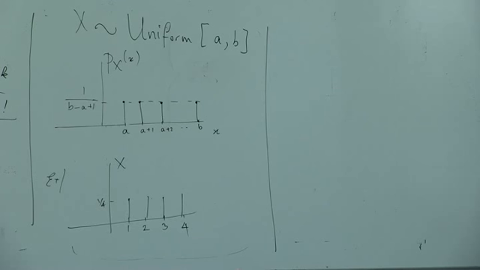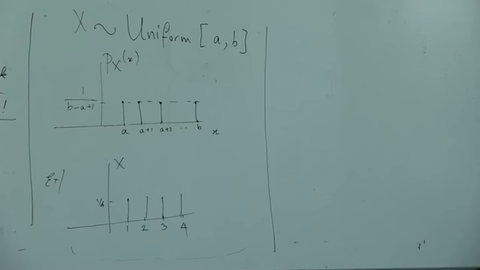Four-sided die. Yes, you're right. If it's not fair, then this figure will not be true. But let's add the word fair. A fair four-sided die is rolled.